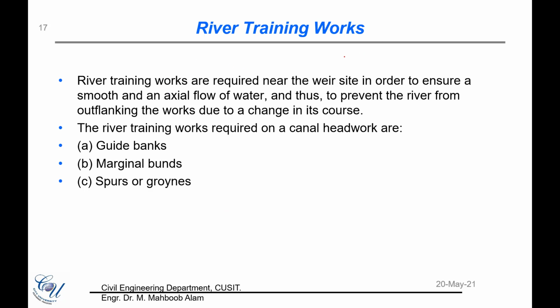Next are our river training works. These are very interesting structures which are usually installed in a diversion headwork, just upstream of the diversion headwork, and they include the guide banks, the marginal bunds, and the spurs and groins, which serve different kinds of purposes. The main function of the river training works is to ensure that the smooth and axial flow of water is maintained.